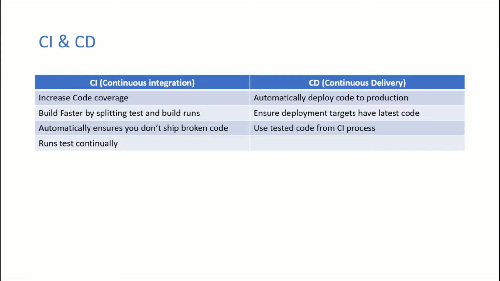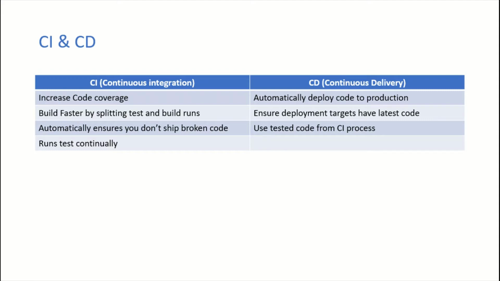The CD process ensures that deployment targets the latest code integrated by CI, and makes sure it gets deployed into the right environment. CI ensures that you don't ship broken code, and CD uses the code tested in the CI process.